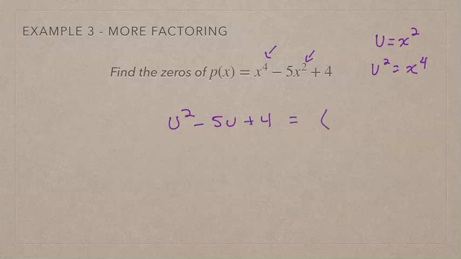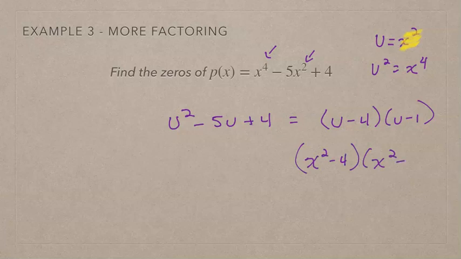That is the same as u minus, oops, I said x. I said u and wrote x. u minus 4, u minus 1, okay? And then I'm going to go back and resubstitute in this x squared for u. So I now have x squared minus 4 and x squared minus 1.